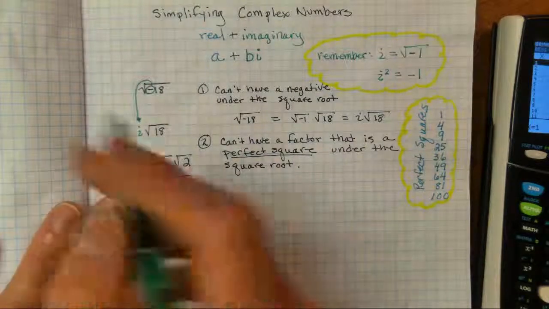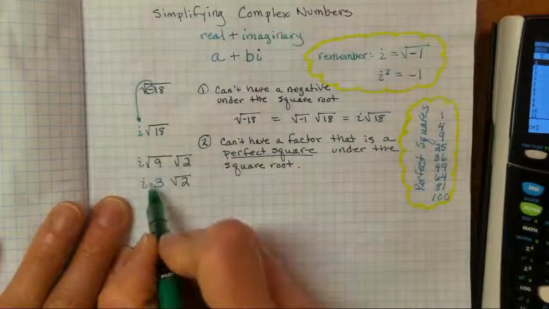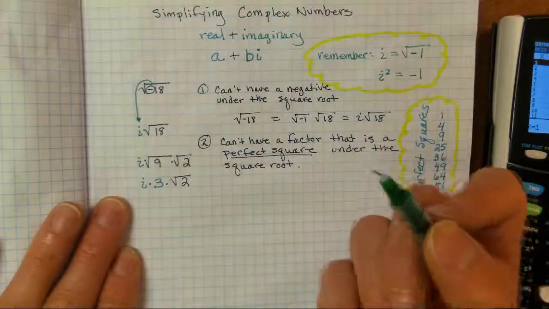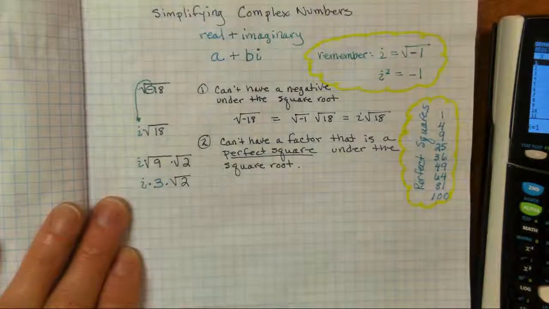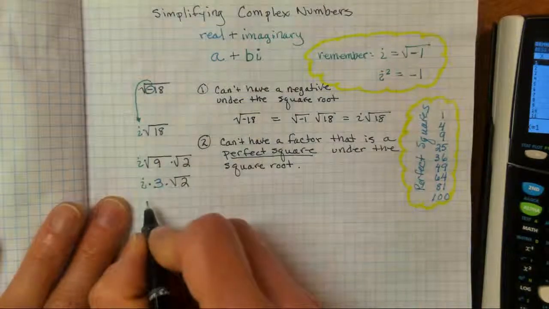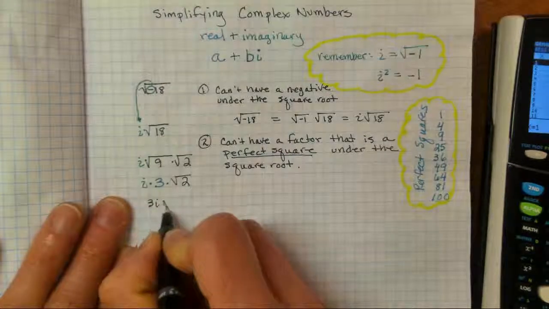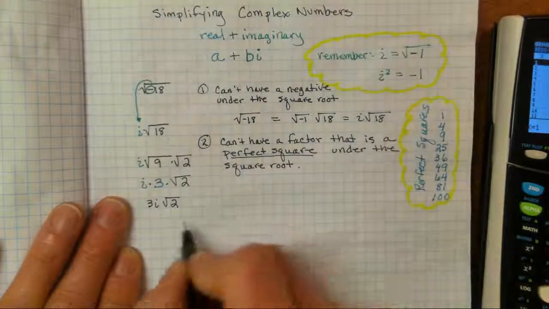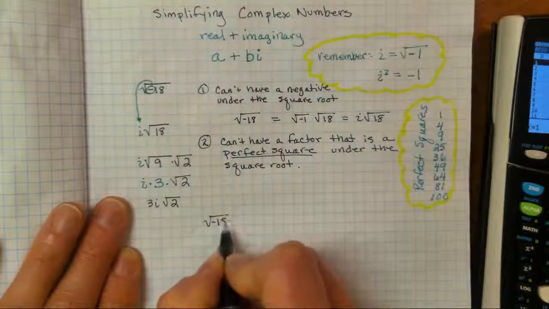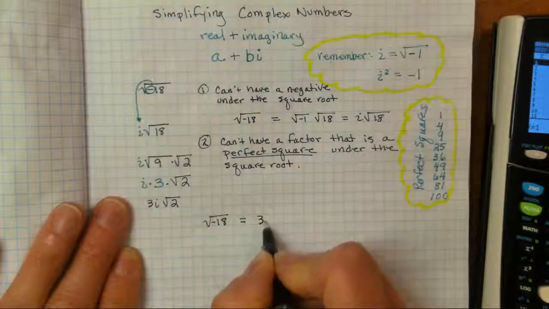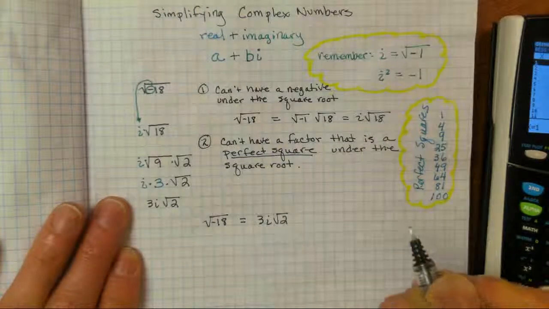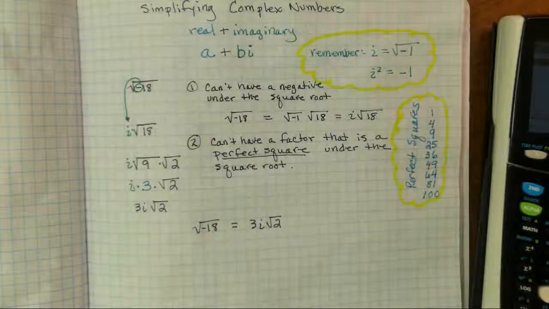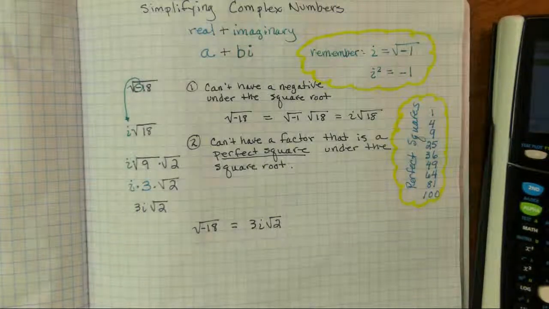And my I is simply my I. So now these things here are all being multiplied together. Let me just point that out. It's all being multiplied together. I don't like saying I3 square root of 2. So by convention, I'm going to write this 3I square root of 2. So this means that the square root of negative 18 is exactly the same as 3I square root of 2. So now I have simplified an imaginary number which is part of the complex number field.